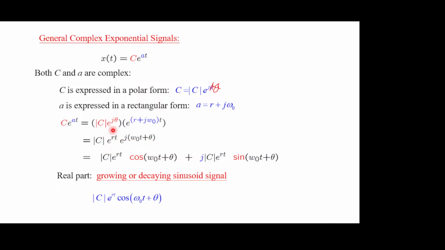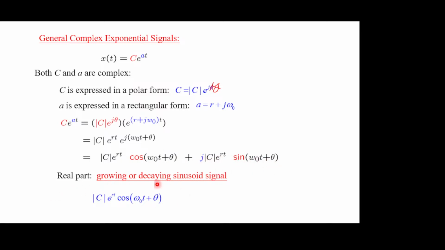And now we have a real exponential, which will be exponentially growing or decaying. And now we can also separate this into the real part and the imaginary part to make the plotting easier. So now this e to the j omega naught t plus theta becomes cosine and j sine.